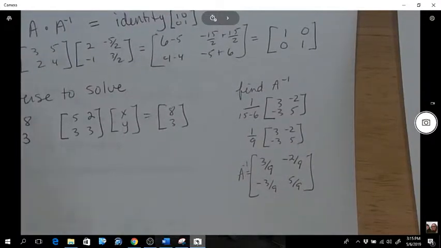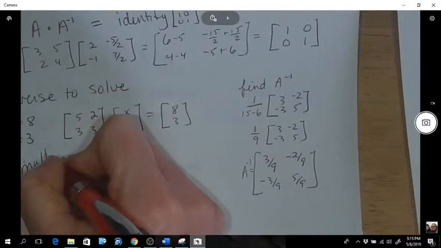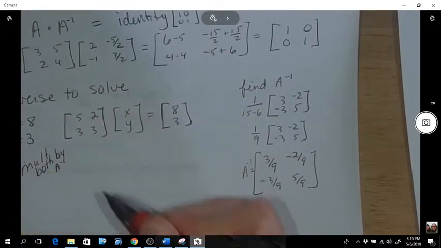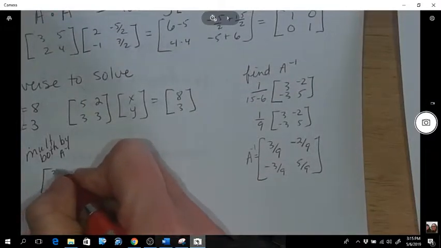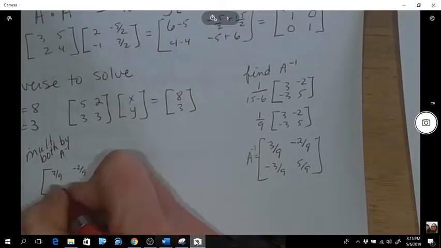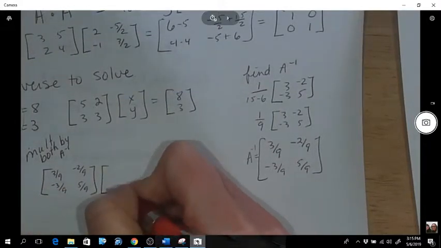In math, if you multiply something on one side, you have to multiply something on the other side. So we're going to multiply each side by the inverse. So 3/9, negative 2/9, negative 3/9, 5/9.